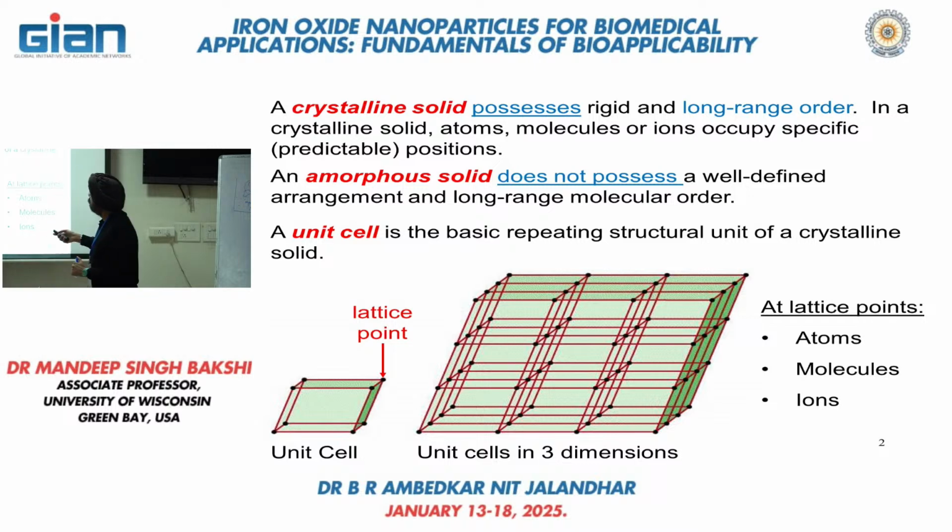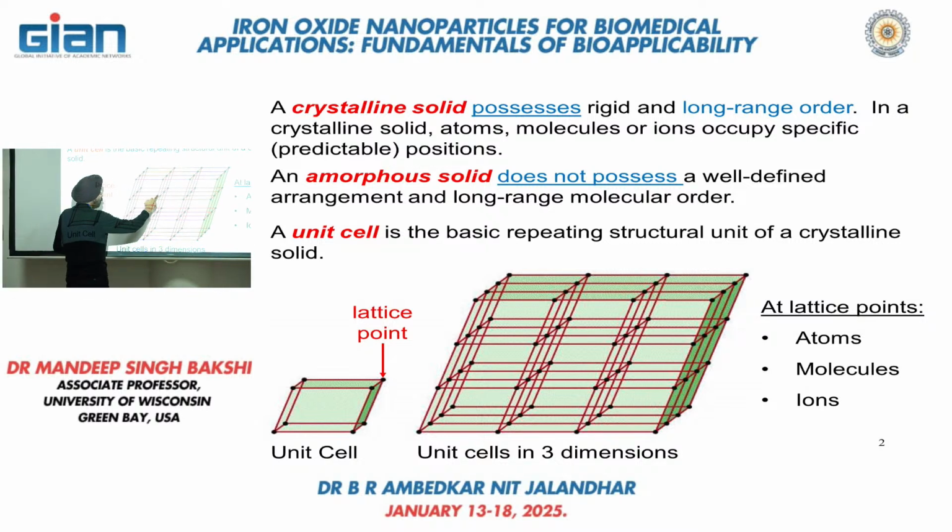In contrast, amorphous solids, that is not the case. Though an amorphous solid could be made up of only one kind of entities, those may be in the form of atoms, molecules, or any other form of entity, they do not have a long range order. The long range order means, suppose I am saying that this is a solid substance, and if I am going to talk about this entity, it could be atom, molecule, or anything.